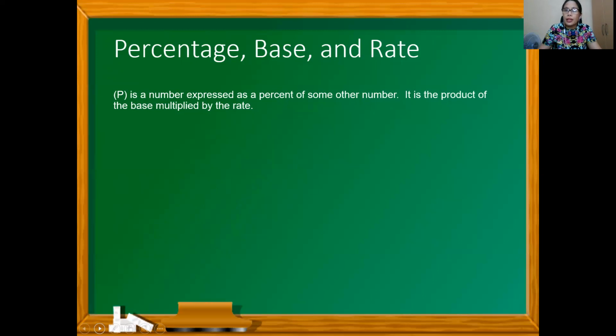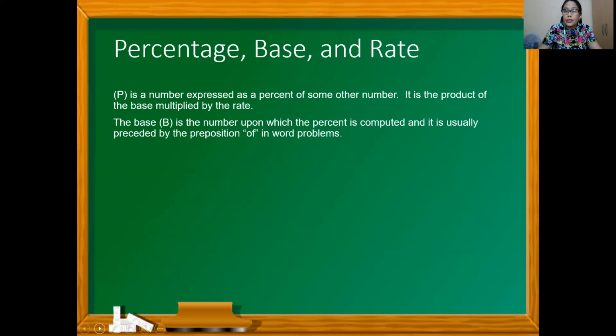Now, the percentage in the problem is actually the portion of the whole, and that whole is considered as the base. And the base is the number upon which the percent is computed, and it is usually preceded by the preposition of in a word problem. That preposition denotes multiplication. And lastly, the rate is usually in the form of decimal or in fraction.